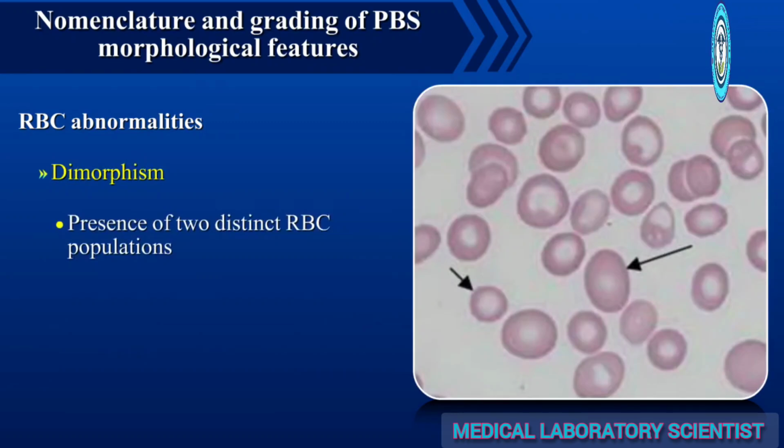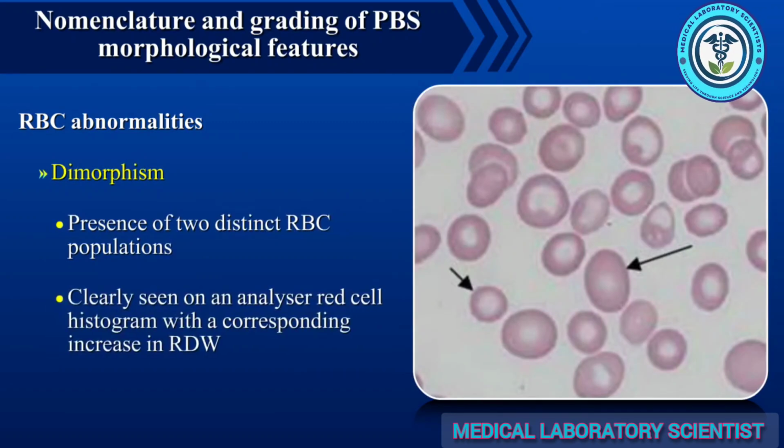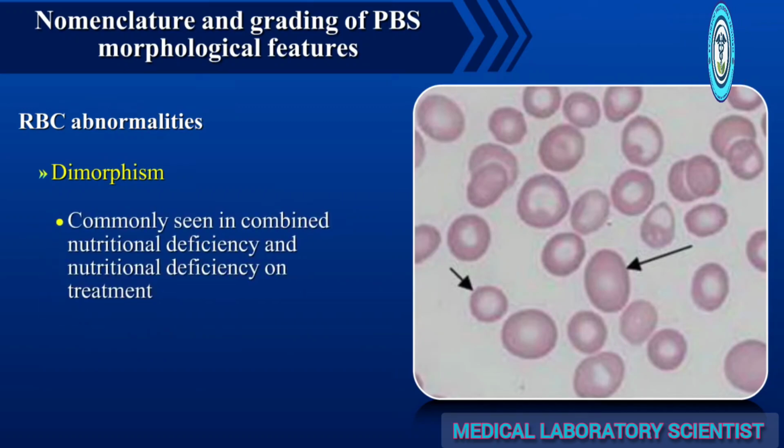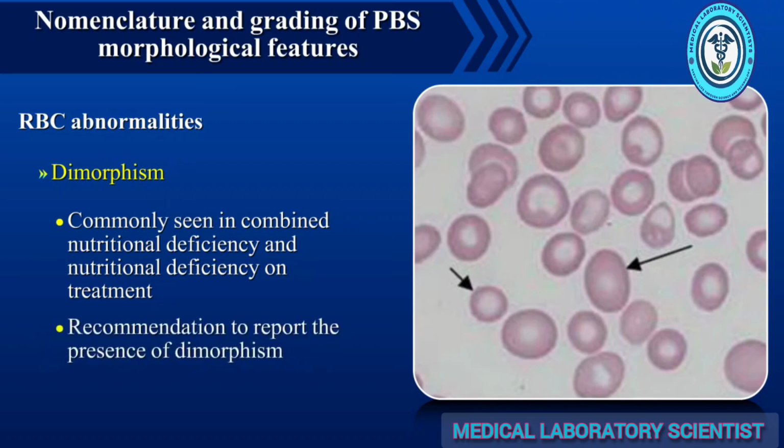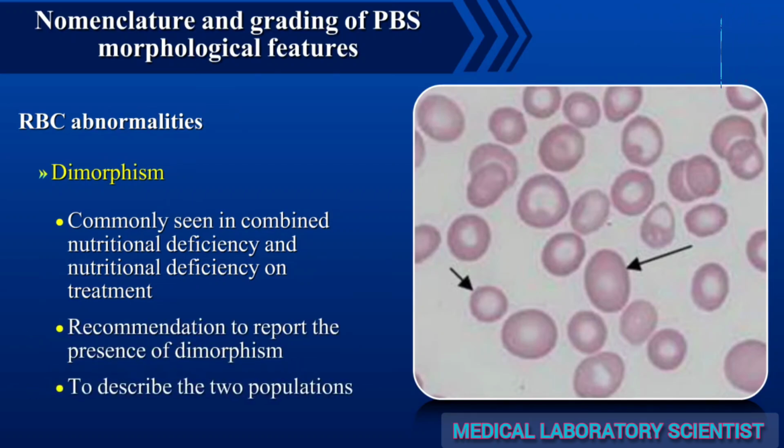Dimorphism is the presence of two distinct RBC populations which may be clearly seen on an analyzer red cell histogram with a corresponding increase in RDW, commonly seen in combined nutritional deficiency and nutritional deficiency on treatment. The recommendation is to report the presence of dimorphism and describe the two populations.